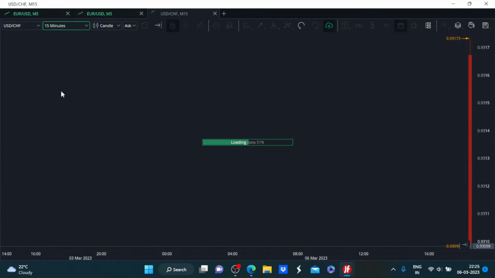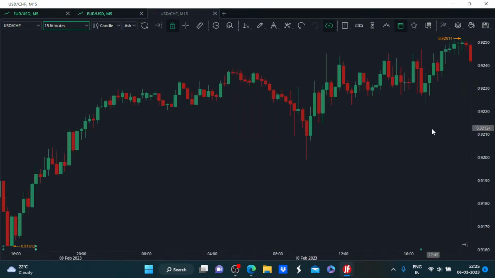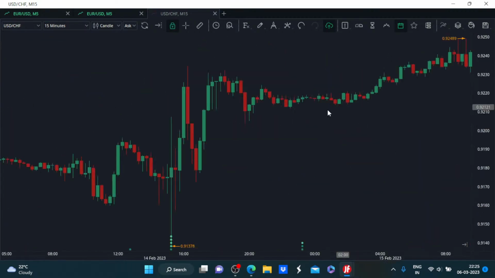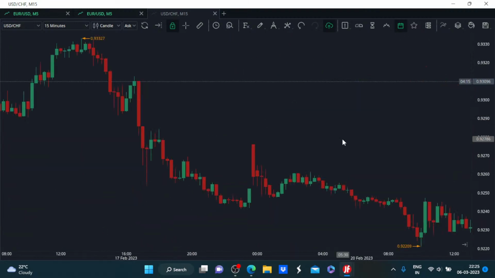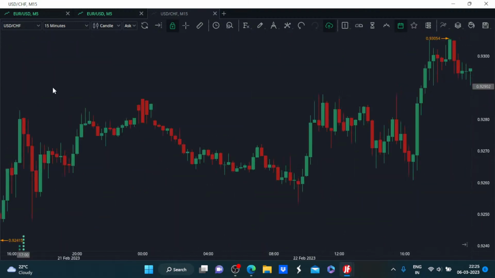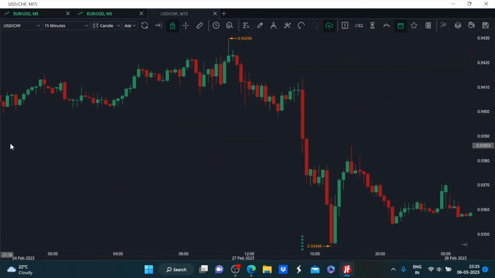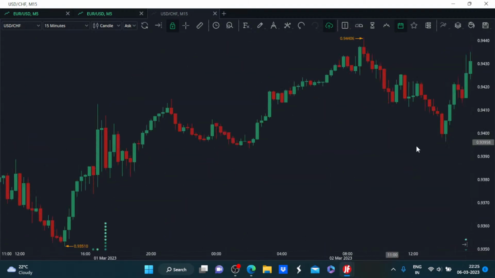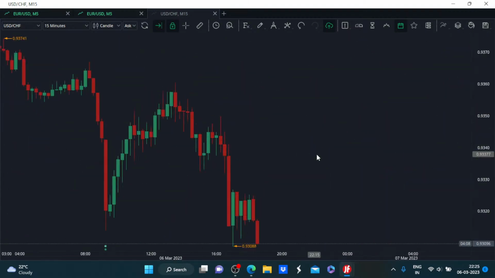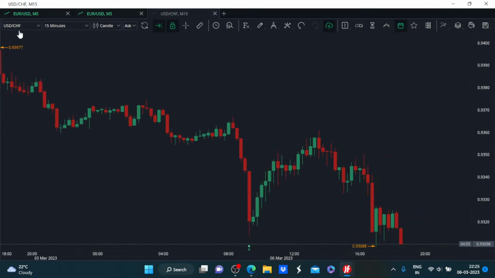Let's try out 15 minutes. It's taking some time to load. Maybe we will have to take a look on the equity side, equity indices or particular stocks for that matter.